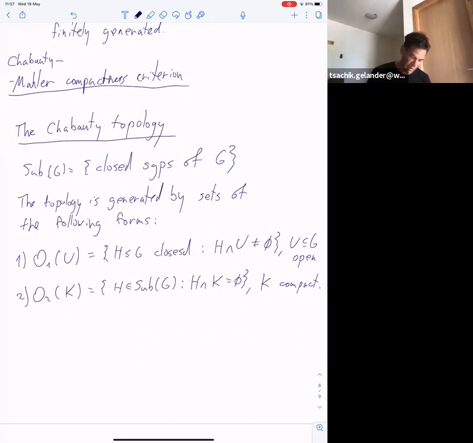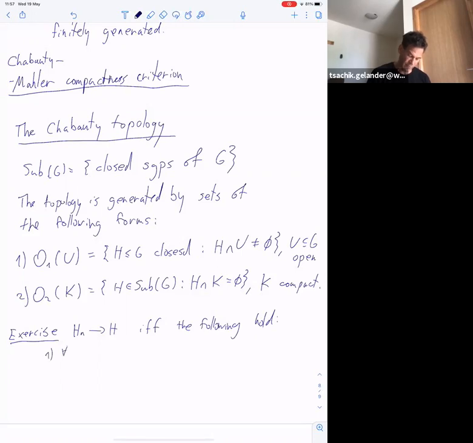That's the topology of closed subgroups. Exercise: H_n converges to a limit H if and only if the following two hold.